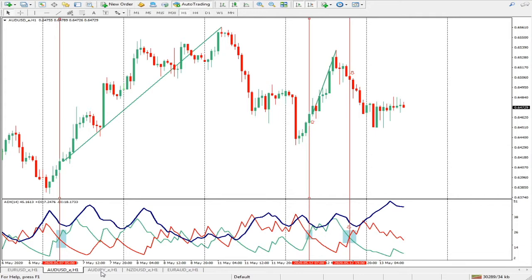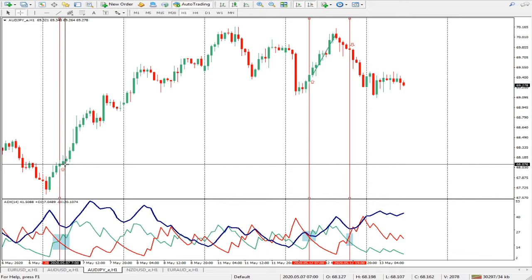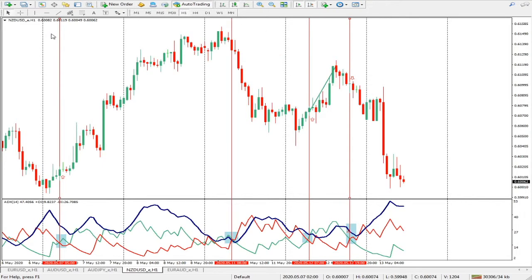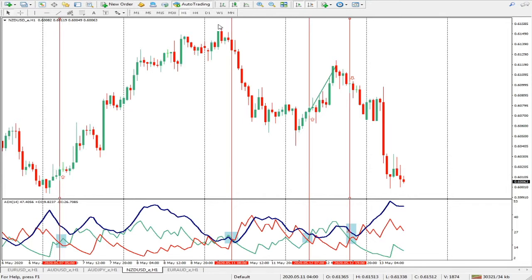AUD JPY up to the top, we had 200 pips, that's 314 now. USD up to the top, we had 137 pips. So what that simply means is you could have taken that trade without knowing anything. You basically pick the trade and let it be.